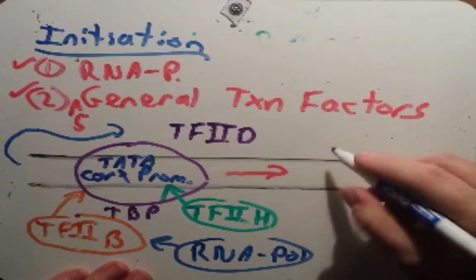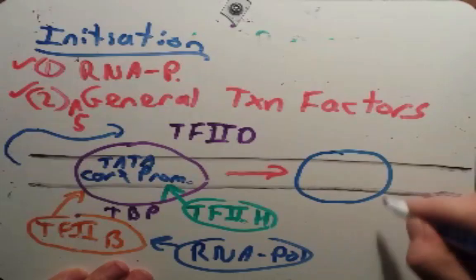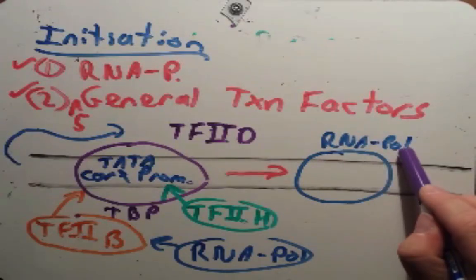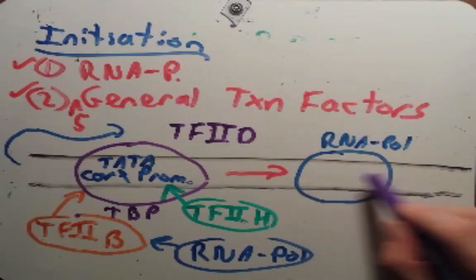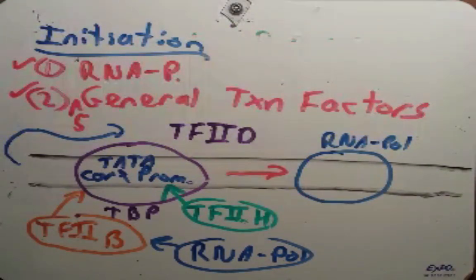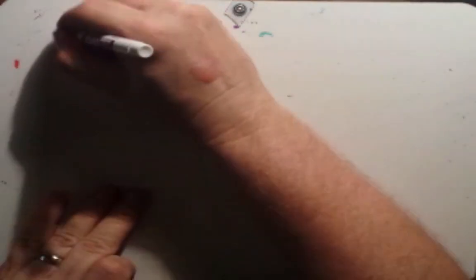You'll still have a few other proteins attached to this RNA polymerase, but what you're looking at now is a complex of proteins that lacks most of these transcription factors, and it continues to make RNA as it moves down the gene. Now the last thing we want to talk about is termination.